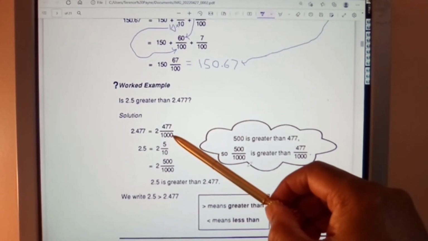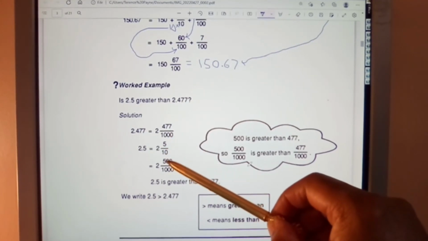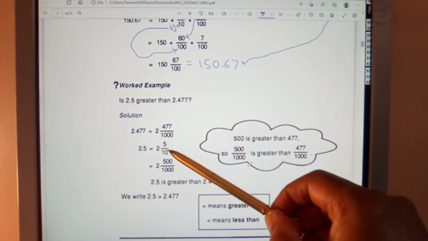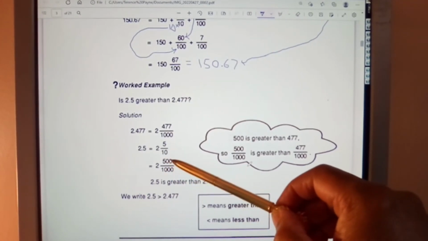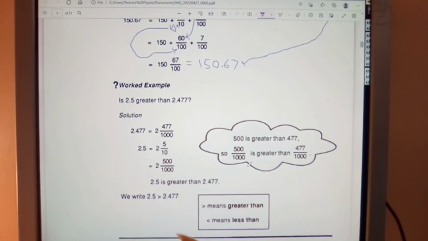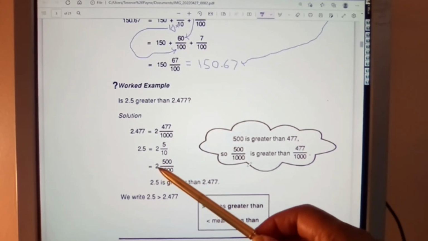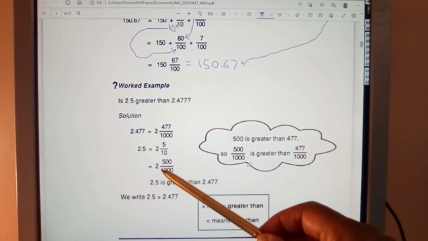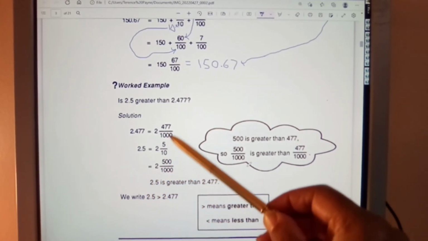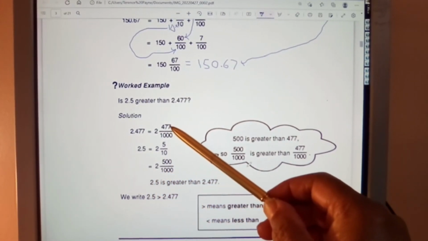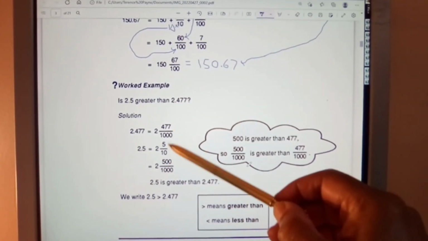Numerator, denominator, okay? So as we bring these to be on the same level of 1000, we add a 0 to the 5 to bring it to 50. We then add another 0 to the 5 to bring it to 500 over 1000. So we now know that 2.5 is greater than 2.477 because 500 over 1000 is greater than 477 over 1000.